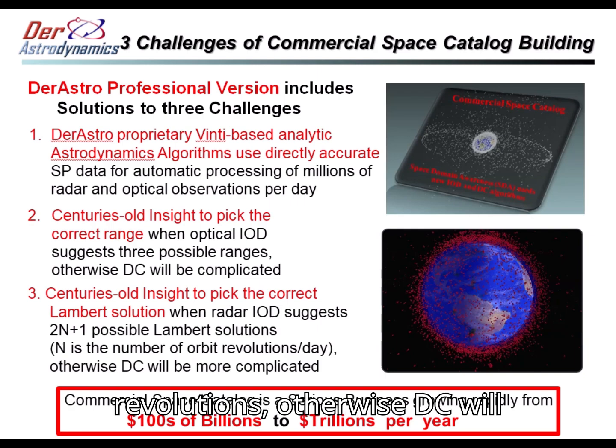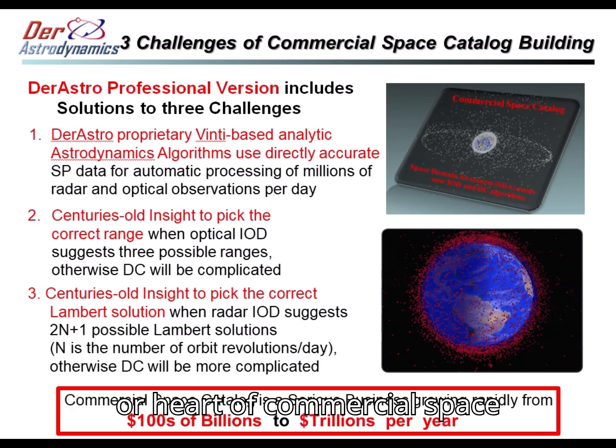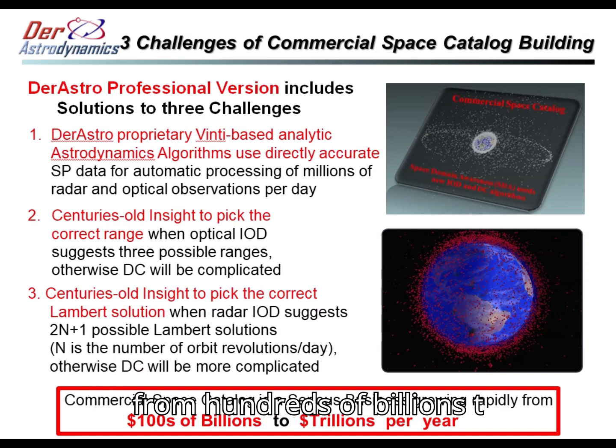Otherwise, DC will be difficult. The professional version of DeAstro astrodynamic algorithms include the solutions to the 3 challenges. Commercial space catalog is the key or heart of commercial space businesses that are growing rapidly from hundreds of billions to trillions of dollars per year.